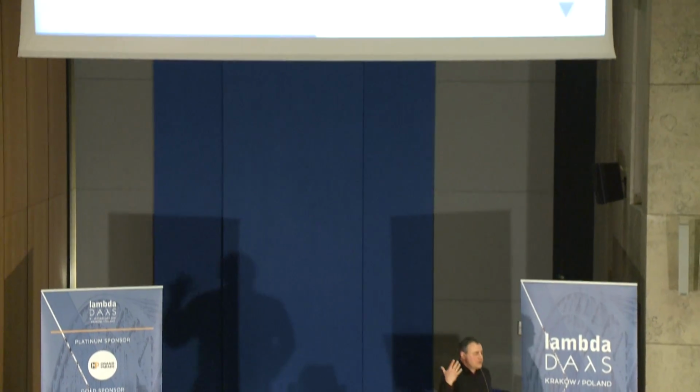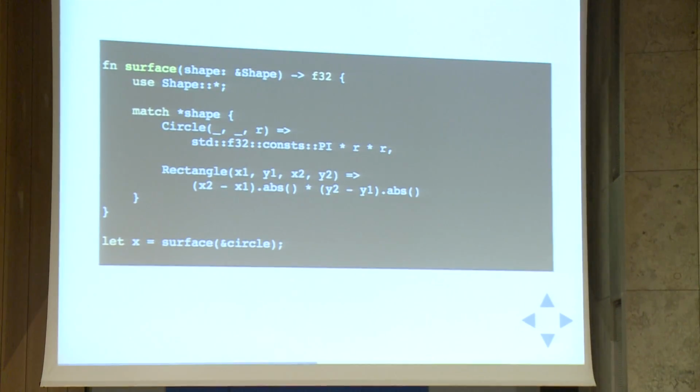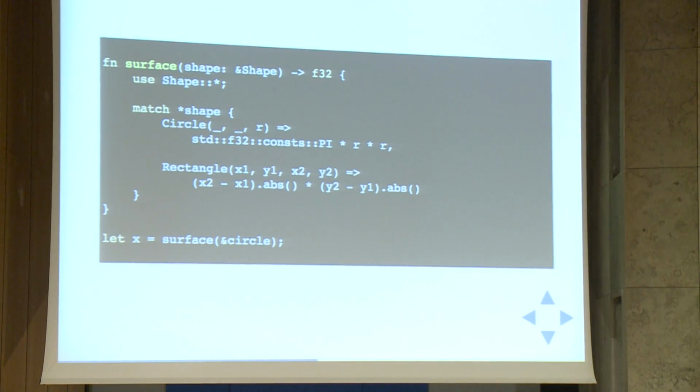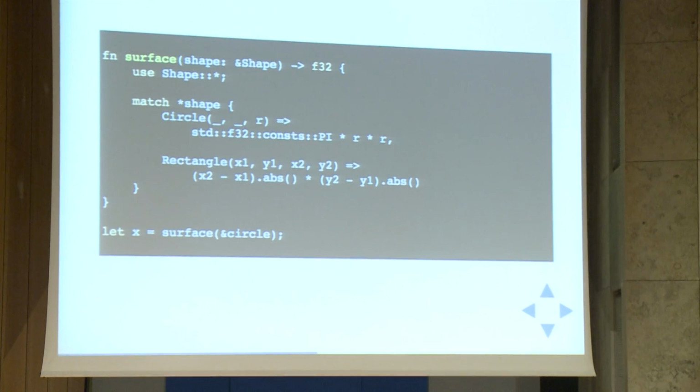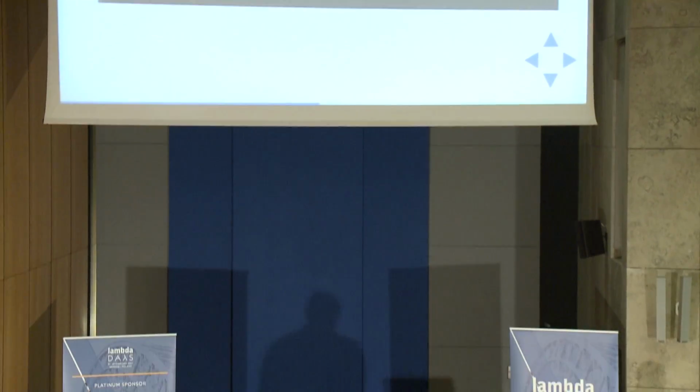So yeah, this is how you use it in real code. It's not as elegant as in Haskell or Scala, but you can match against the value, and if it's an enum, the match must be exhaustive. If you forget something, the compiler will say that this will not do.